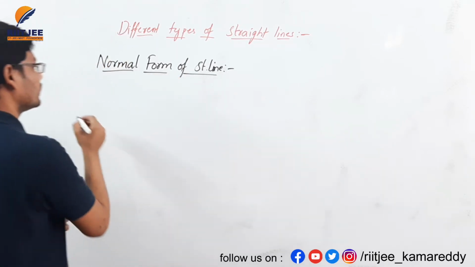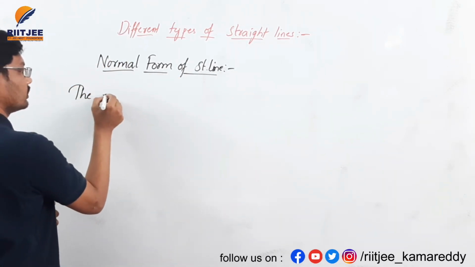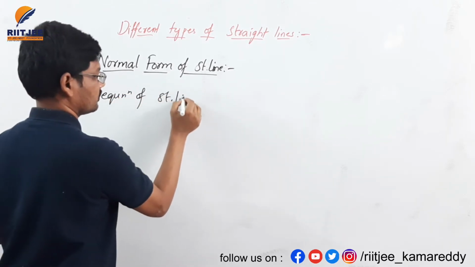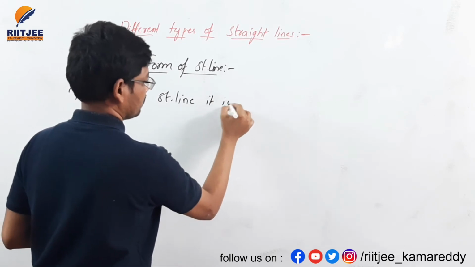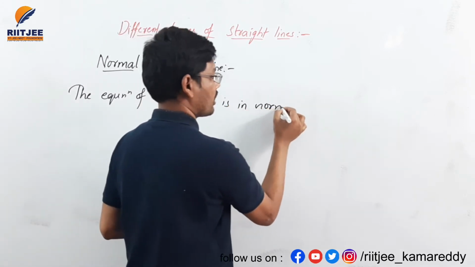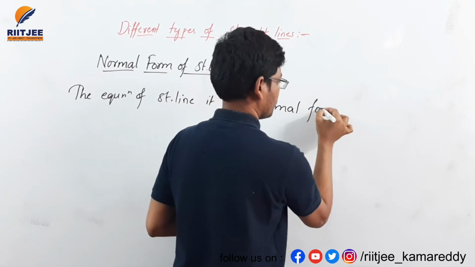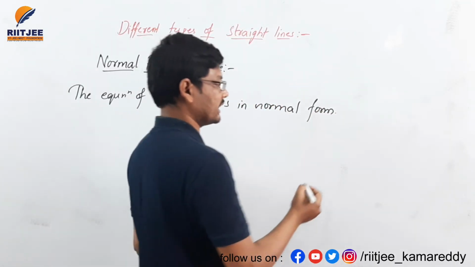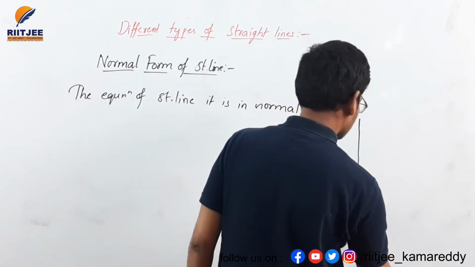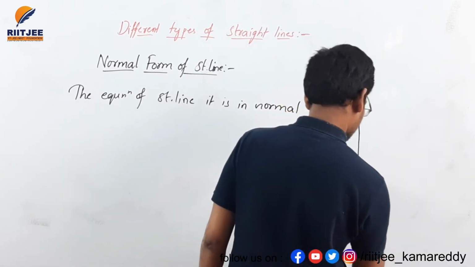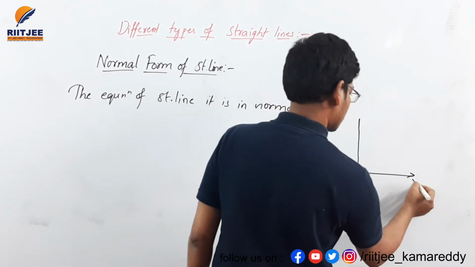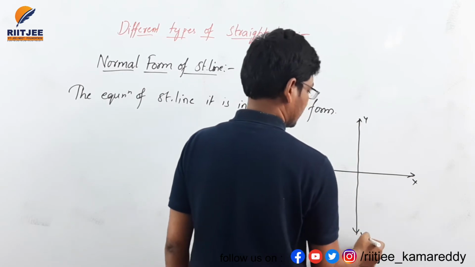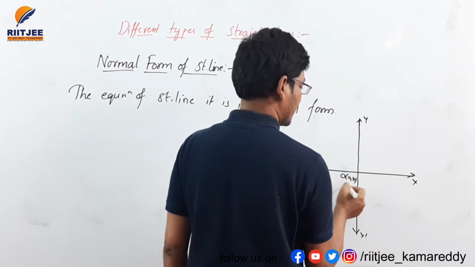When we consider the equation of a straight line in normal form, first let us take the coordinate axis here. This is x, x dash, and y, y dash, and this is the origin O, 0 comma 0.